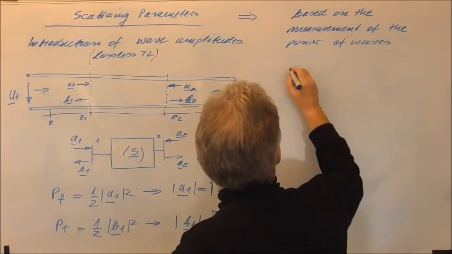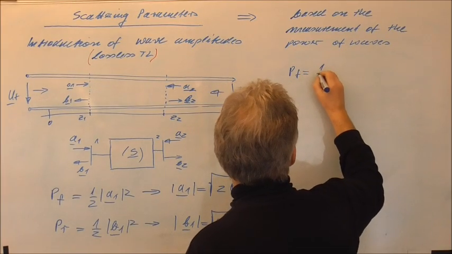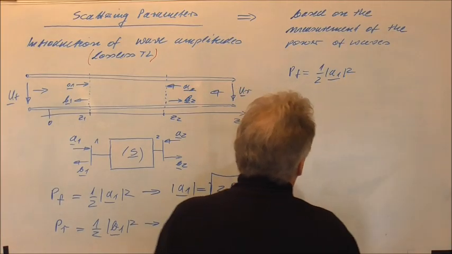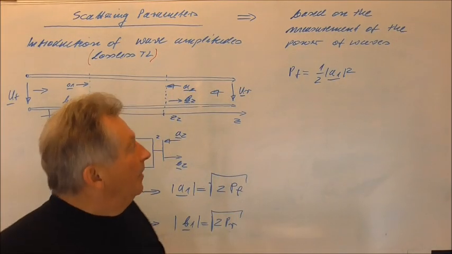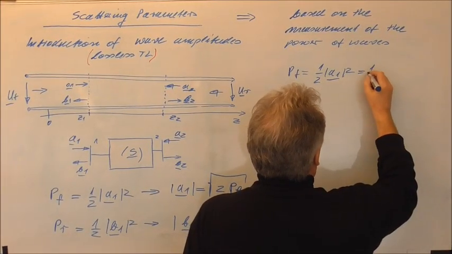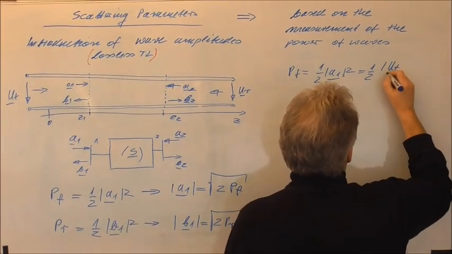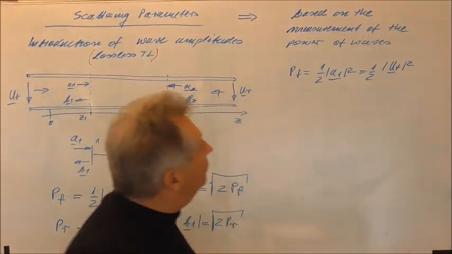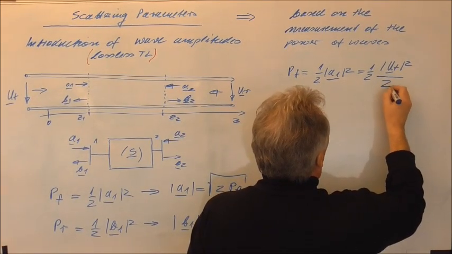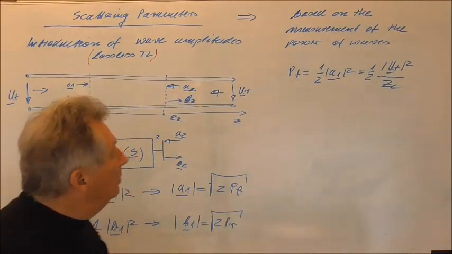So we can also say that the power of the forward traveling wave is given as 1/2 the absolute value of A1 squared, but we also know from the transmission line theory that this is equal to 1/2 the absolute value of the forward traveling voltage wave squared divided by the characteristic impedance of our transmission line.